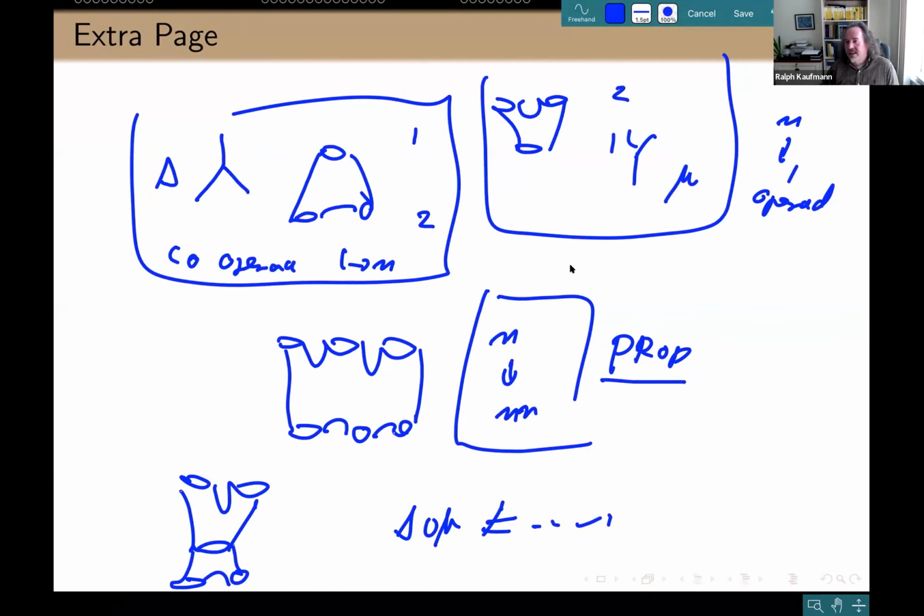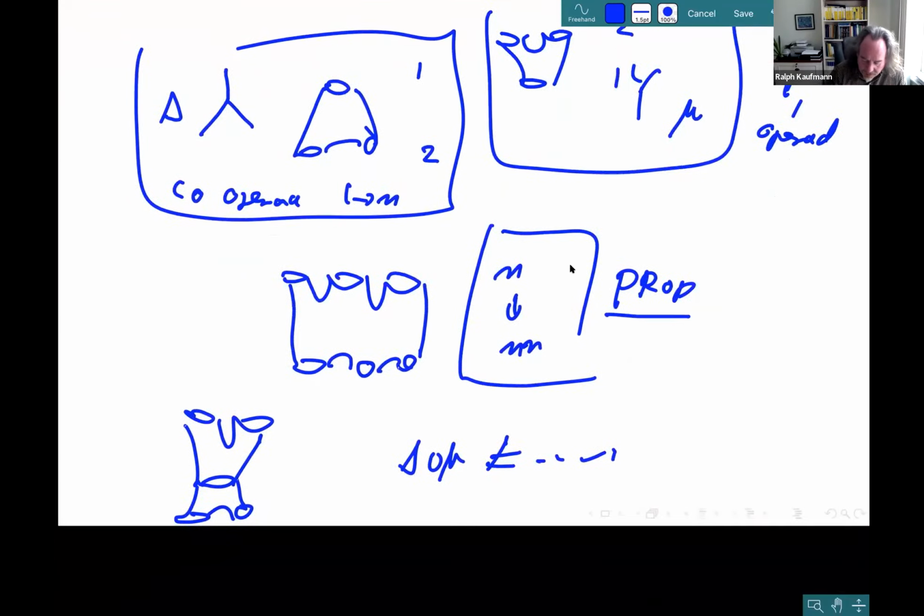But Sullivan was really thinking about gluing surfaces onto surfaces, many boundaries onto many boundaries. That's what he calls string topology, exactly.